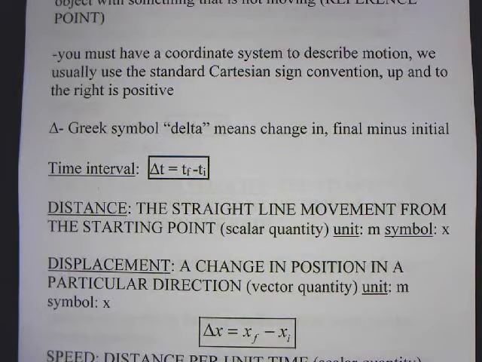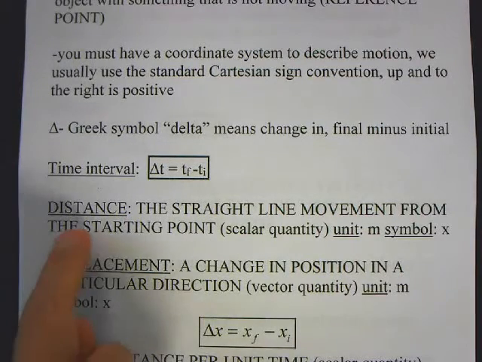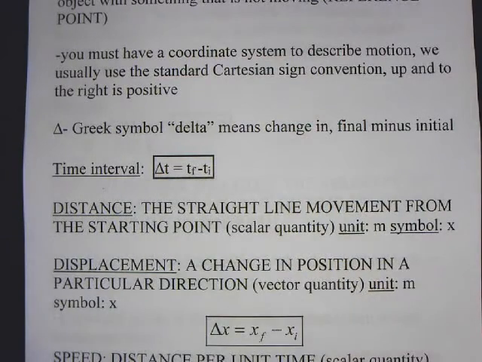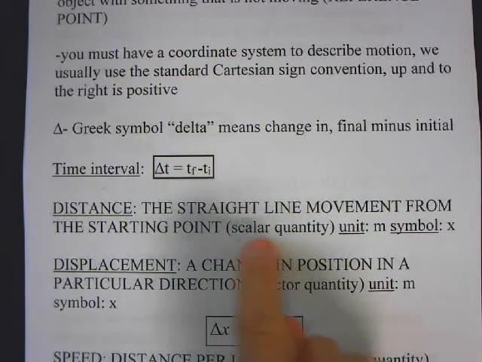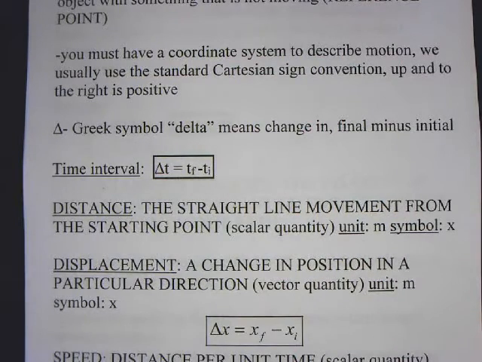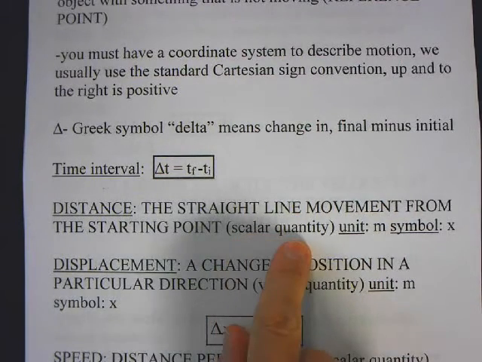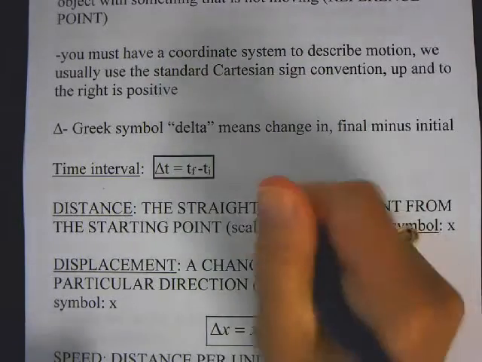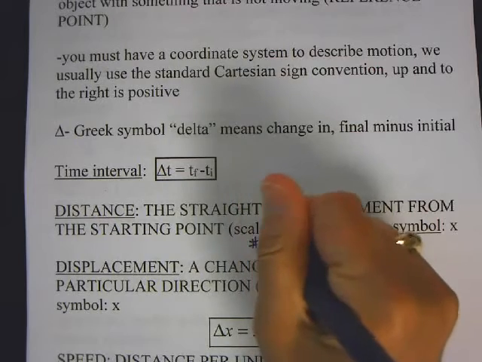Right now, we're going to learn two important things. First, we're going to learn distance and displacement. Every quantity that we ever learn in physics, when I introduce it, you notice in little parentheses, when I give you the definition, I'm going to tell you it's either a scalar quantity or a vector quantity. So a scalar quantity just means that it has a number and a unit.